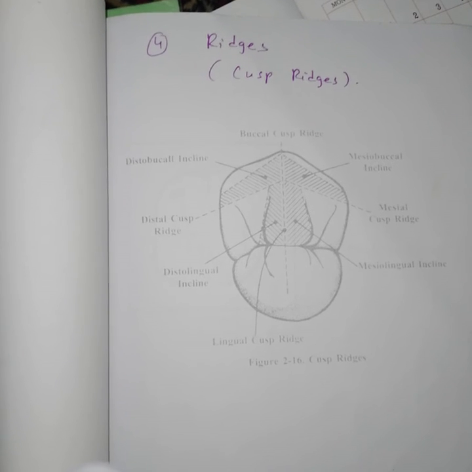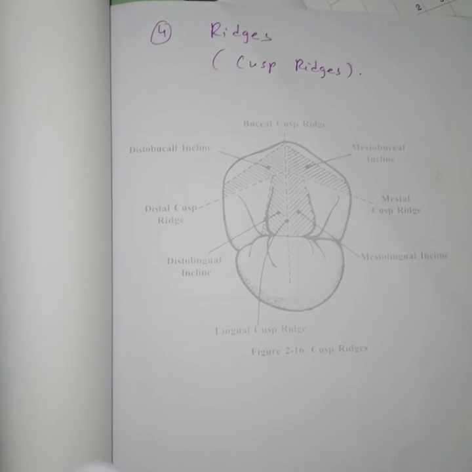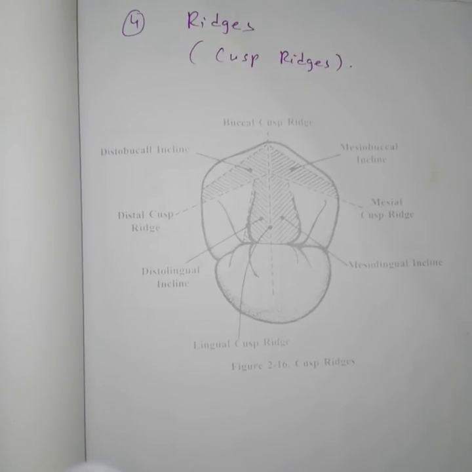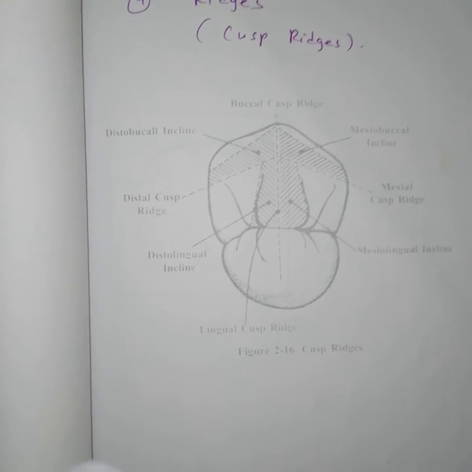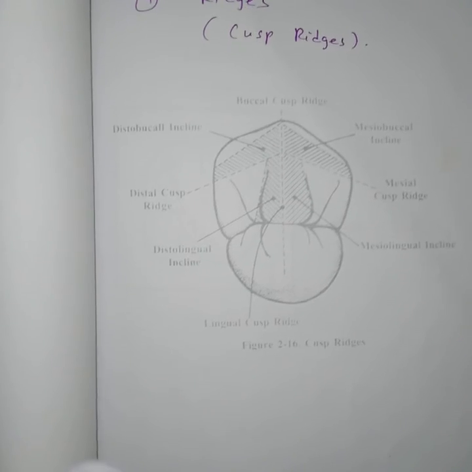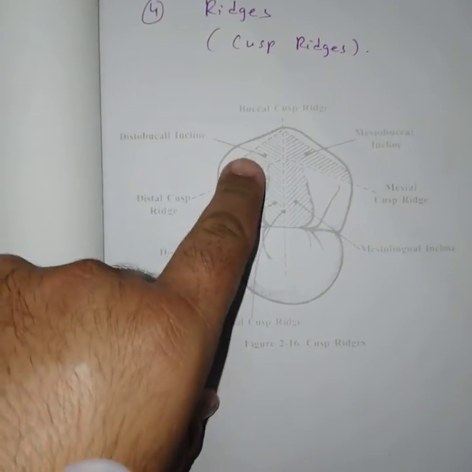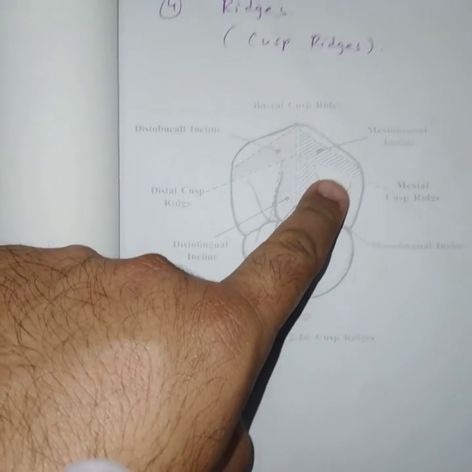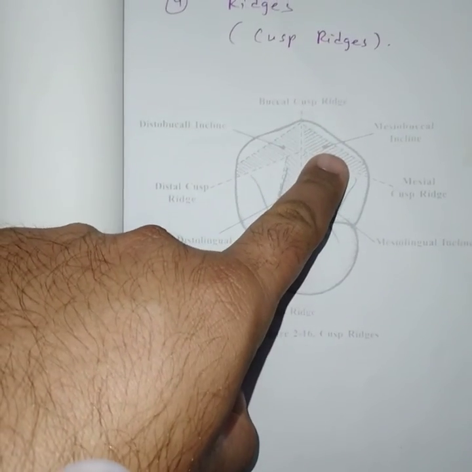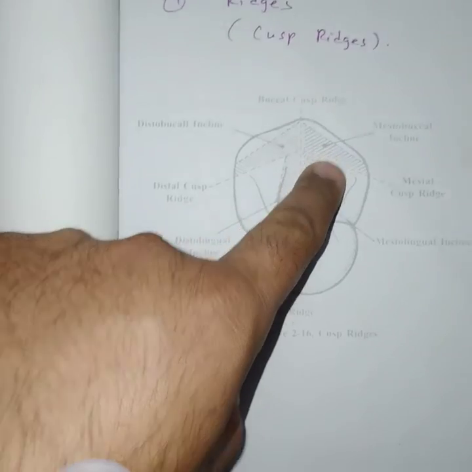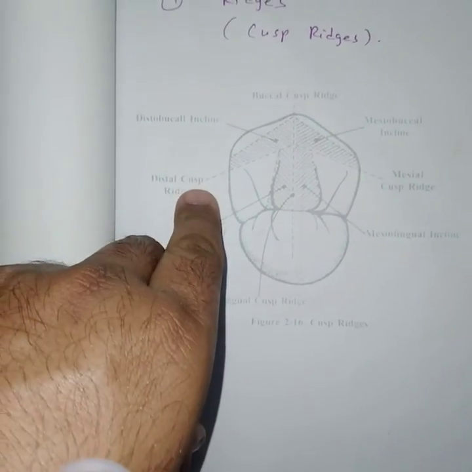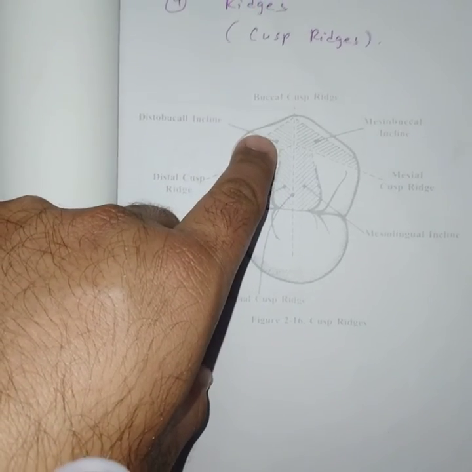Then there are inclined planes. The sloping areas between the two cusp ridges are called inclined planes. The sloping area between the buccal cusp ridge and the mesial cusp ridge is the mesio-buccal inclined plane. The sloping area between the buccal cusp ridge and the distal cusp ridge is the disto-buccal inclined plane.